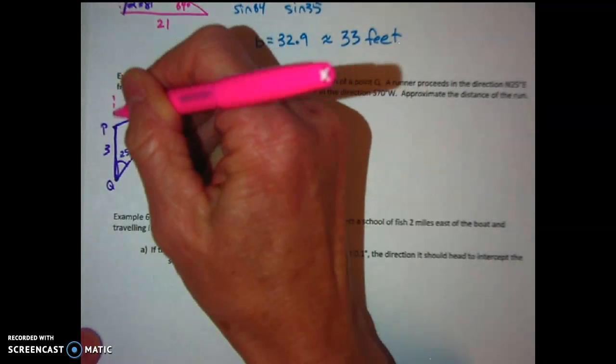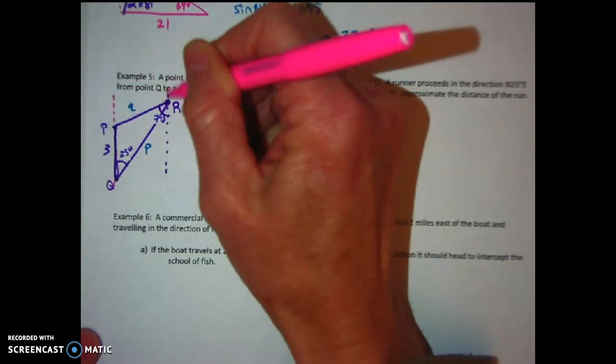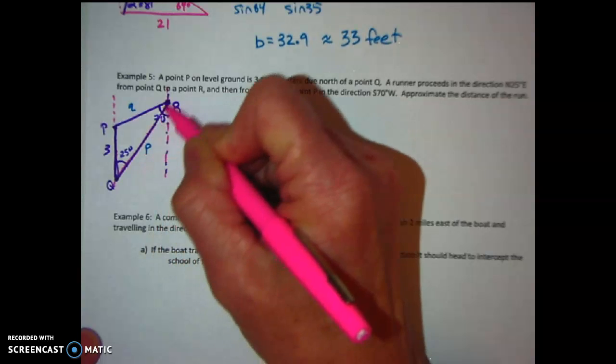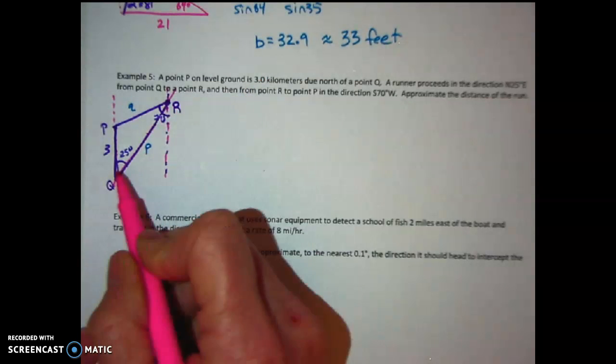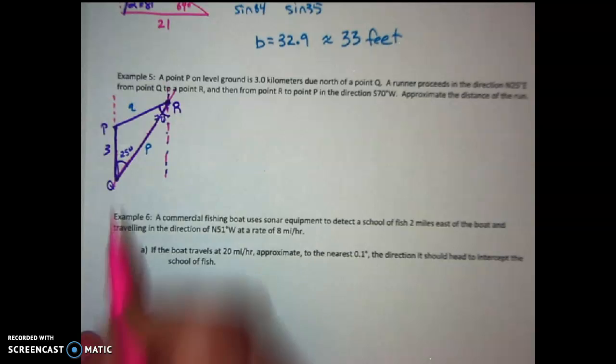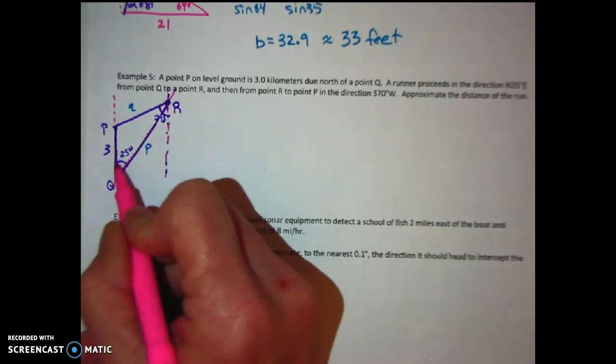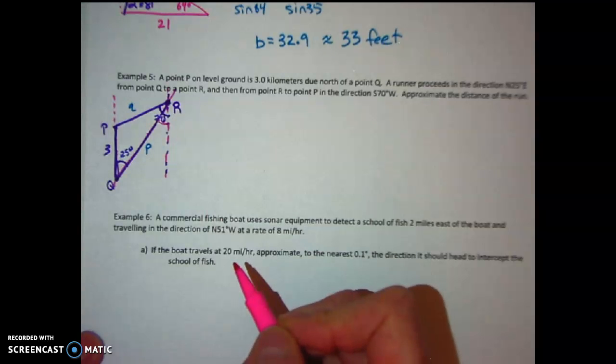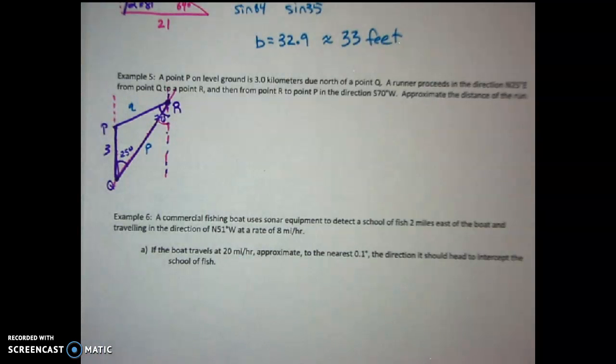So I want you to take a look at if I have 2 parallel lines, and if we cut them by this transversal, then hopefully you recognize alternate interior angles. So this is a 25-degree angle, and this is going to be a 25-degree angle by alternate interior angles.